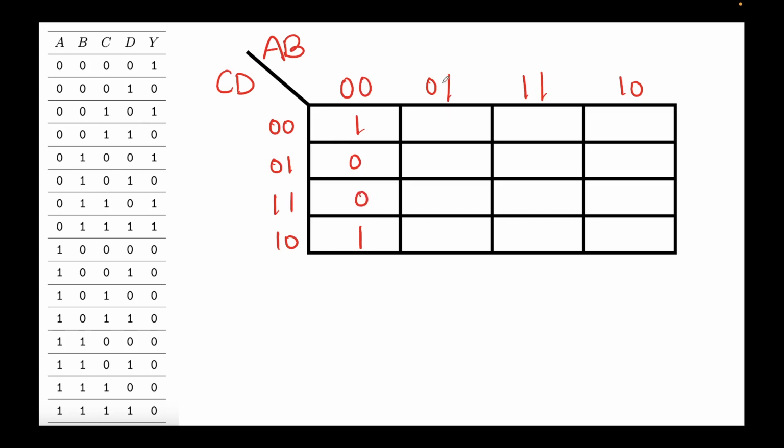So AB is 0, 1. CD is 0, 0. This is 1. Next is 0, 1, 0, 1. The value is 0. Then 0, 1, 1, 0. The value is 1. 0, 1, 1, 1, the value is 1, and rest all the 8 are 0. Let's put rest all the 8 as 0.